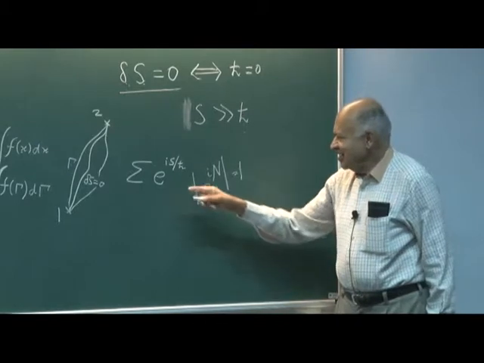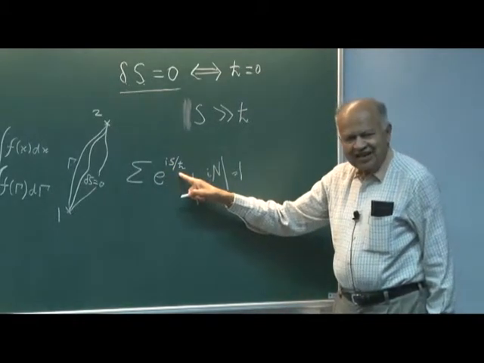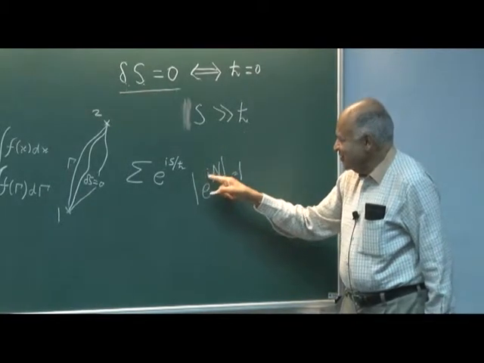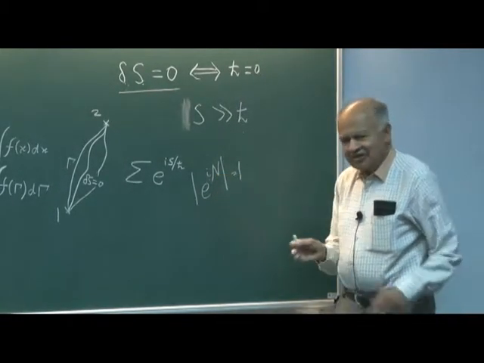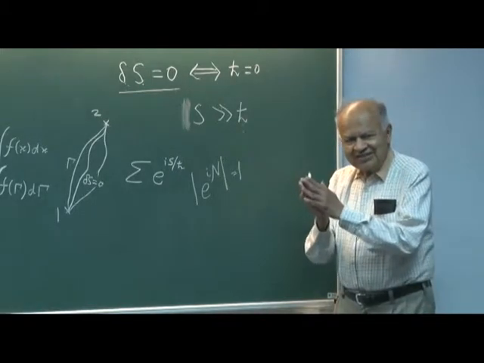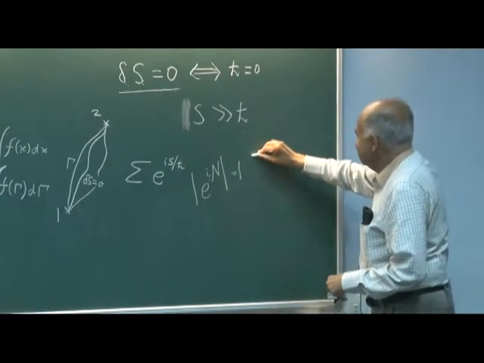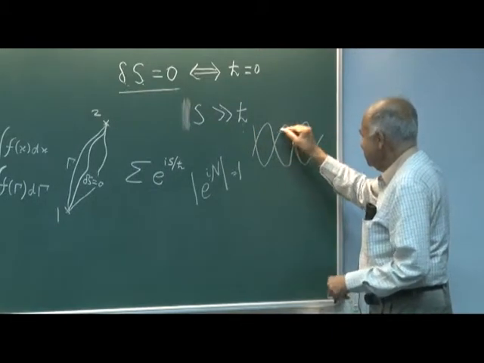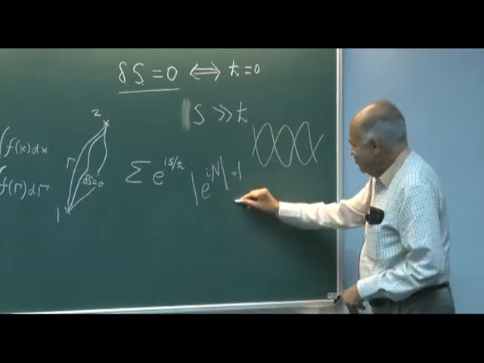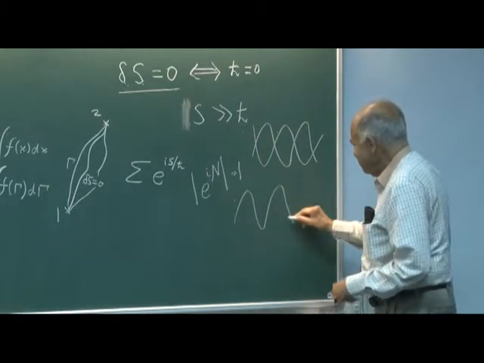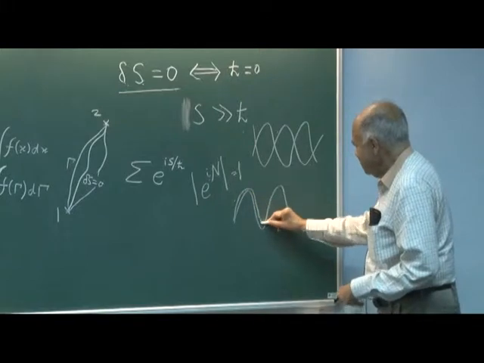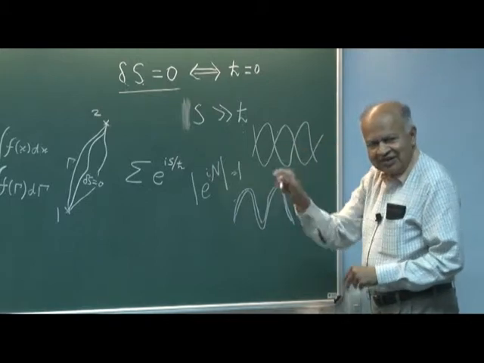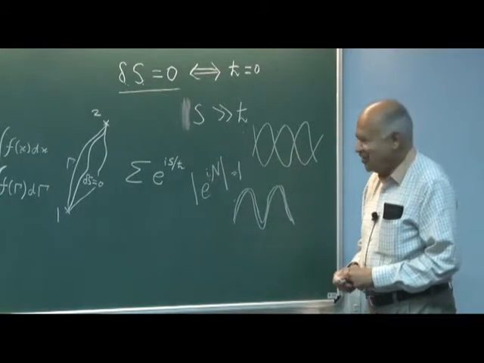So, you will ideally get 0, except in a situation where some of these oscillations are all coherent, all going in the same direction. So, supposing this is one oscillation, another oscillation is this. These will tend to cancel each other. But supposing you had an oscillation like this, and another one also going like this, then these will all combine together to give you some finite non-zero answer.